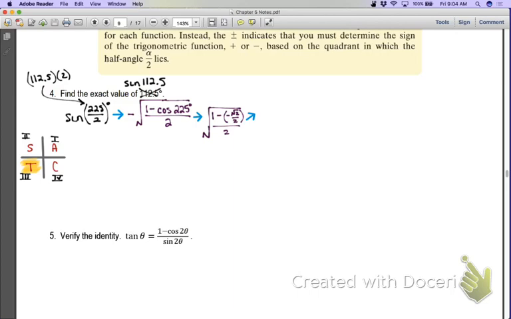I'm going to rewrite it with a common denominator, so I have 2 over 2 plus the square root of 2 over 2, and then it's all still divided by 2 underneath the radical. A lot of what we do here is really just simplifying everything out, because I'm still going to get an exact answer.